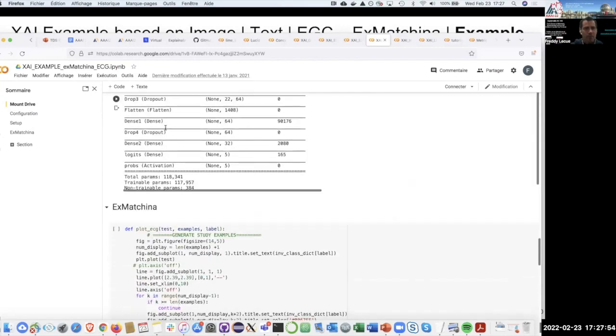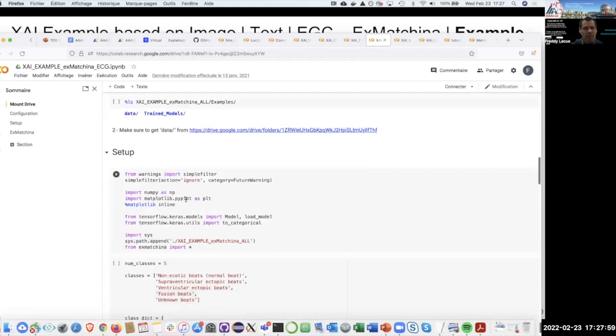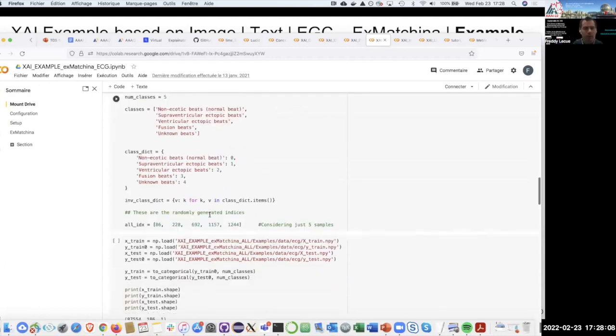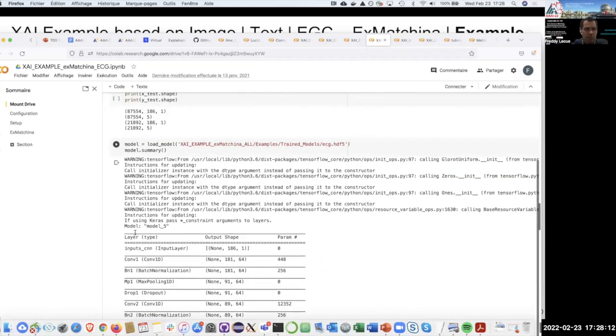I'm sorry, I've been too quick. Same setup initially. It's a classification task. You have a patient's heartbeat and you try to make a classification. You have the model, that's the architecture.